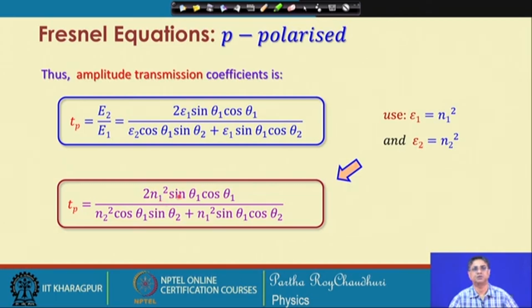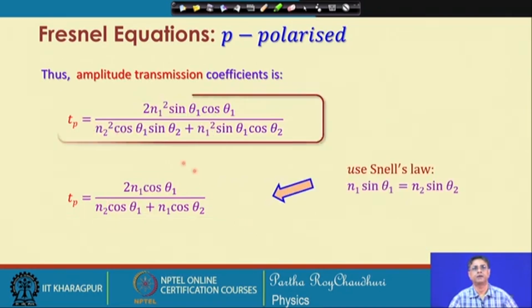So, twice n1 squared cosine theta 1 divided by this denominator, and we will again use Snell's law to have a reduced form of this equation. If I use Snell's law, you can see that n1 sin theta 1 will be equal to n2 sin theta 2.